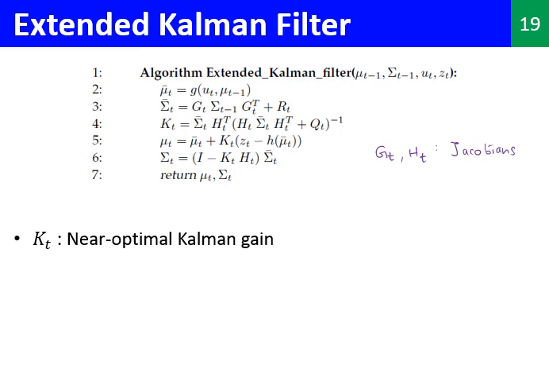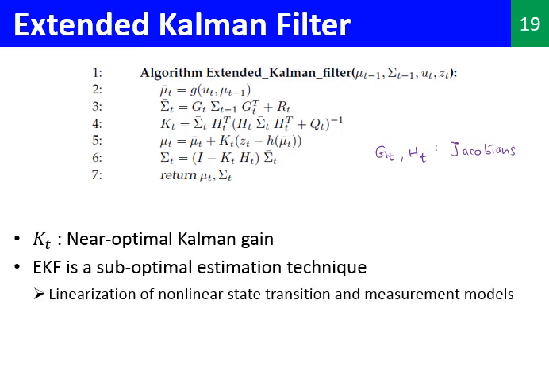Now the extended Kalman filter is a suboptimal estimation technique, and it is obvious because we use the first order Taylor expansion by leaving out the higher order terms. Therefore it cannot be an optimal estimate. Understood?